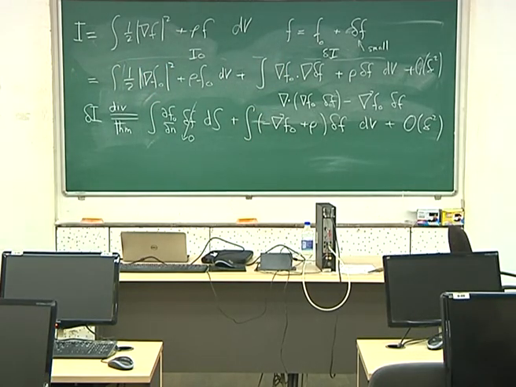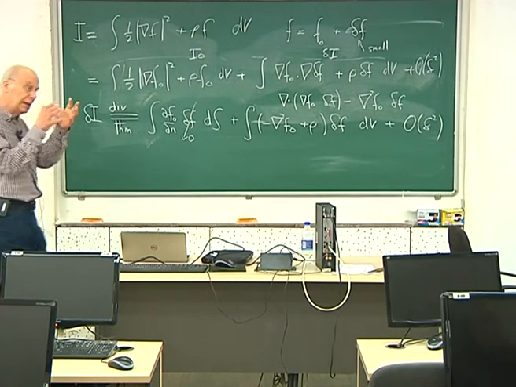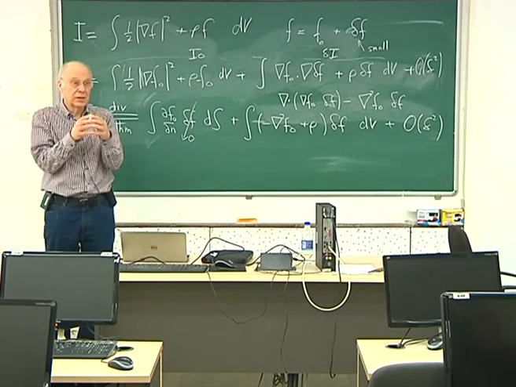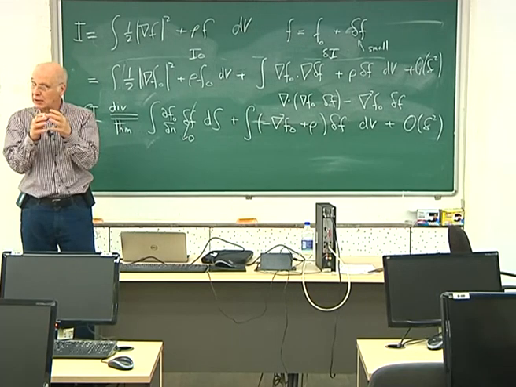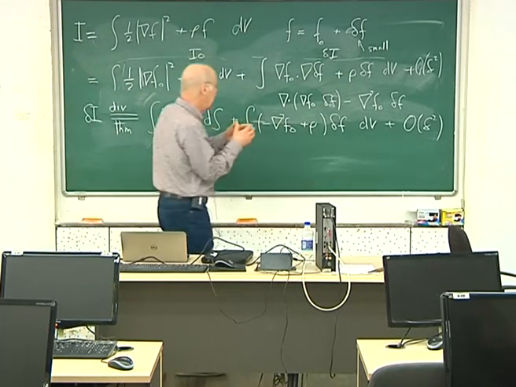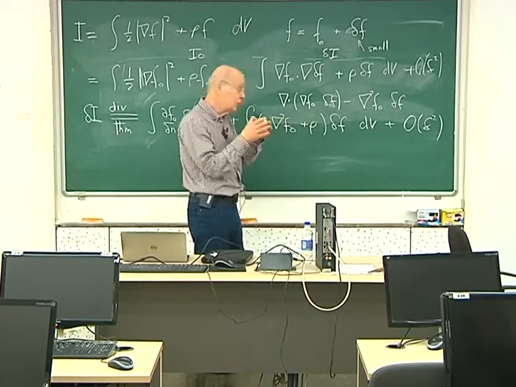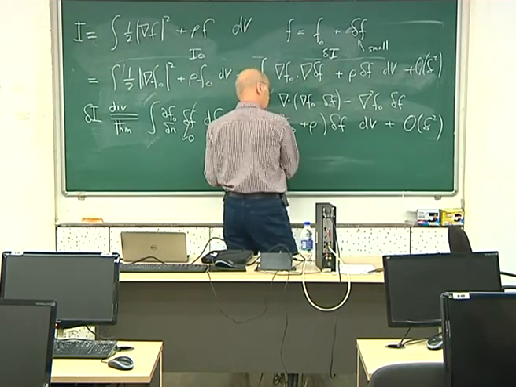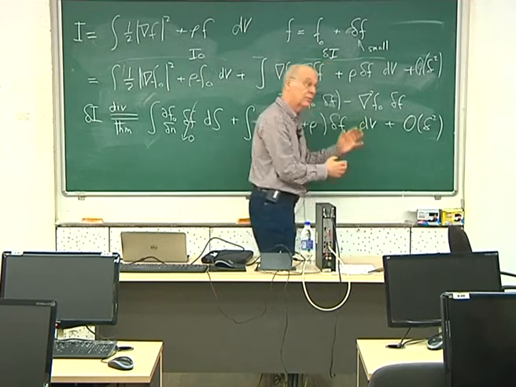And so I could think of the delta f, it could be any function as long as it's nice enough to be differentiated, as being a highly localized Gaussian around some arbitrary point. So if it's a highly localized object around some point, this is roughly constant at that point, so I can take this outside the integral, and then I'd get an integral of delta f.